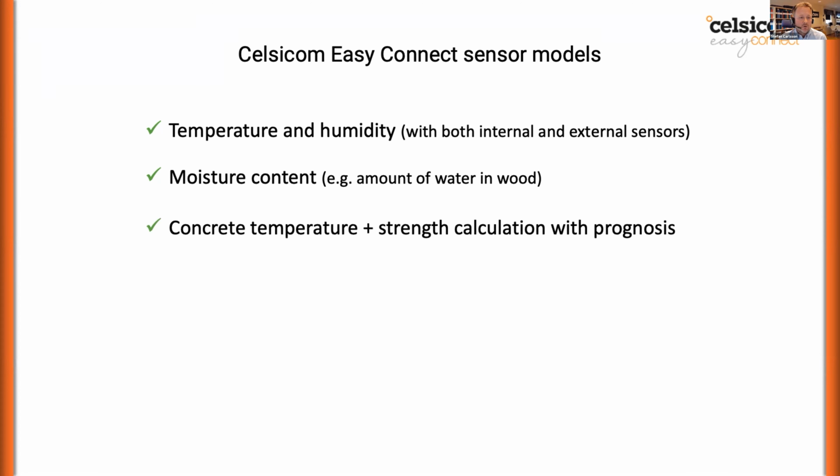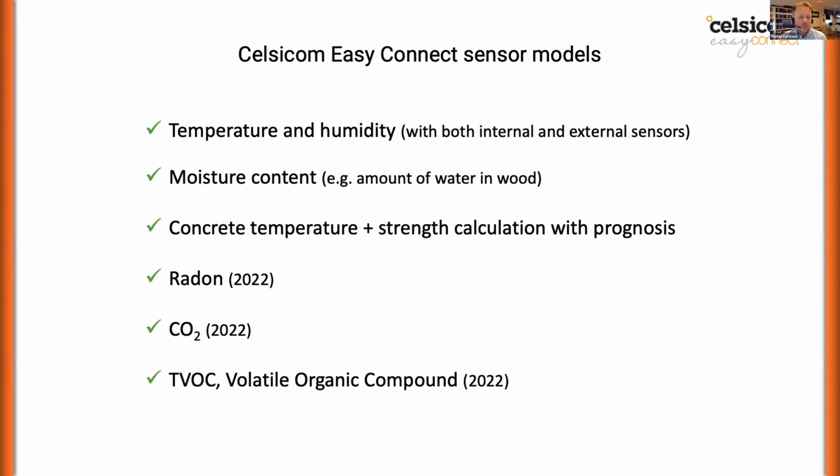We also have a concrete temperature and strength calculation sensor. When you're casting concrete, you want to track the temperature and the strength developing in that concrete before doing anything more to that concrete structure. We have a radon sensor coming up, CO2 coming up as well, and the TVOC sensor coming up next year.